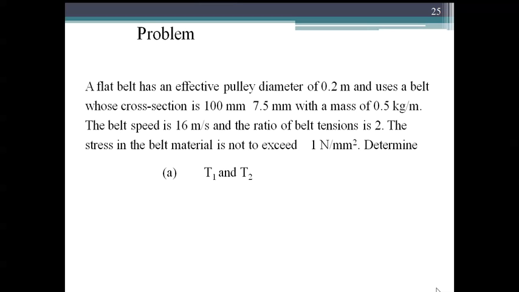The stress in the belt material is not to exceed 1 Newton per mm square. Determine T1 and T2, the initial tension, and the power transmitted. So we need to find T1, T2, T0 and power transmitted.